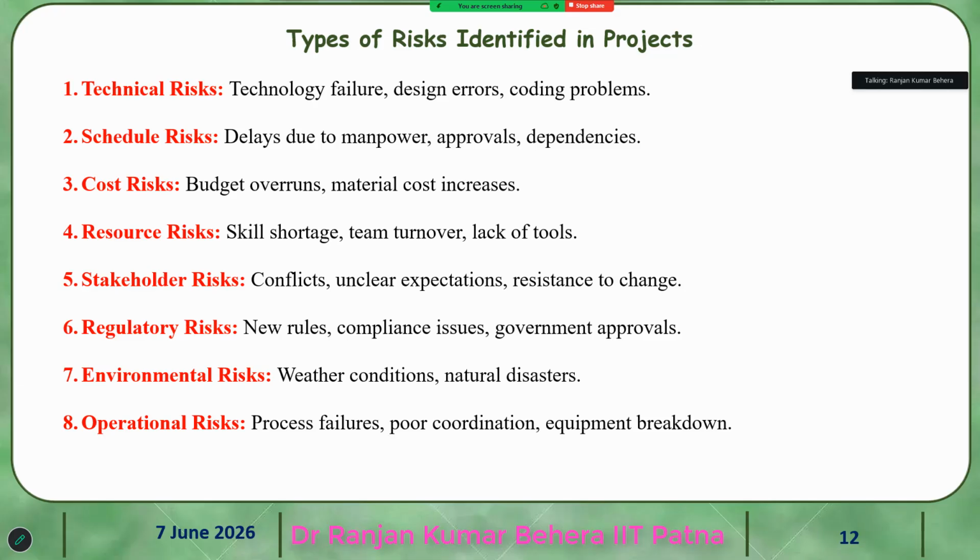So, what are the types of risk? One is the technical risk, like technology failure, design error, or coding problem. For example, we were designing the motor in JMEG one software, and the computer crashed.